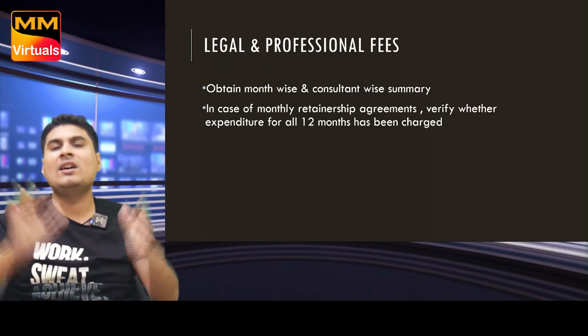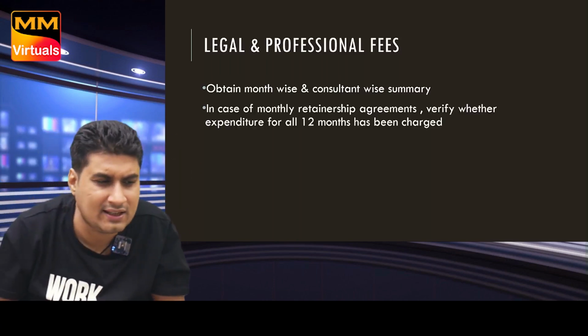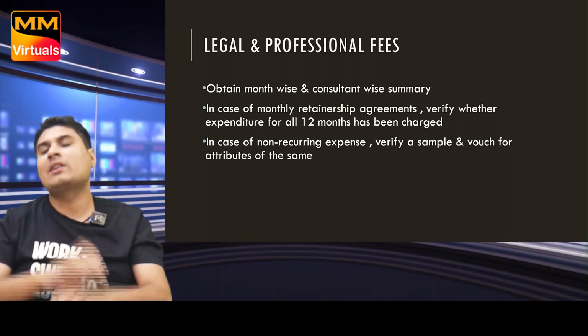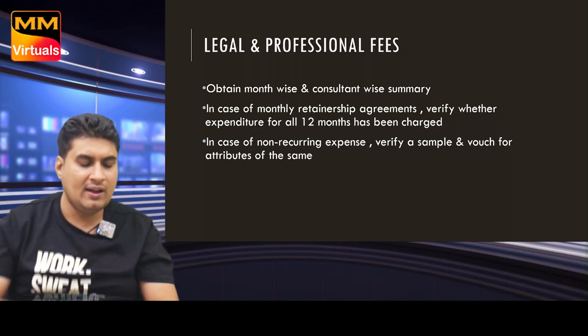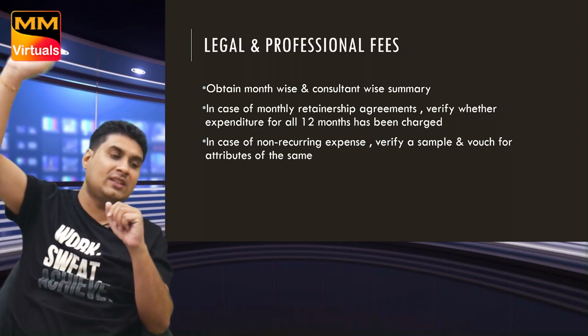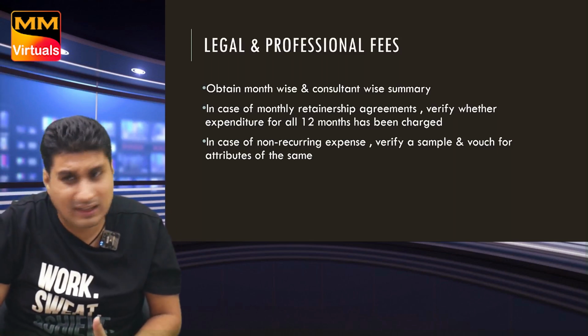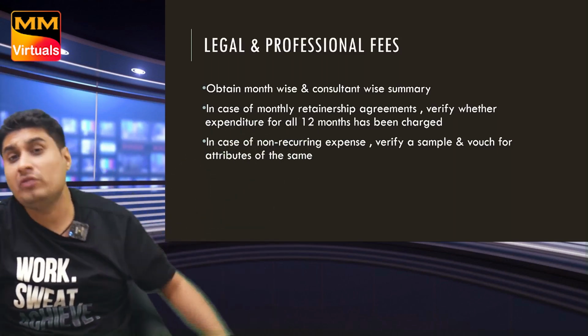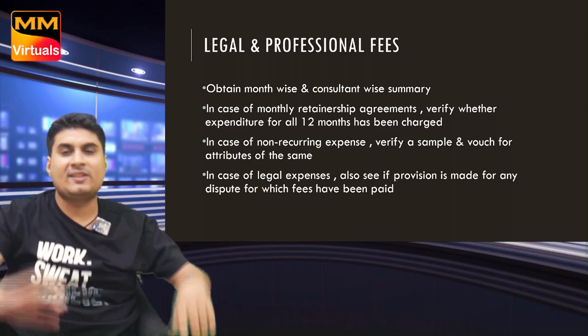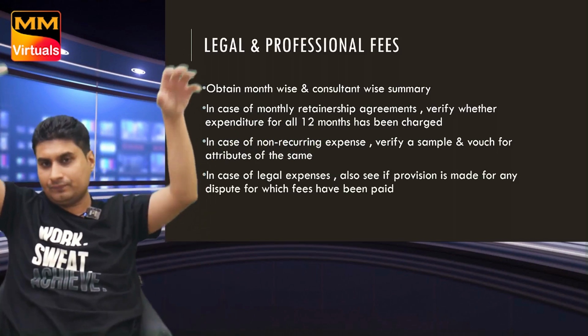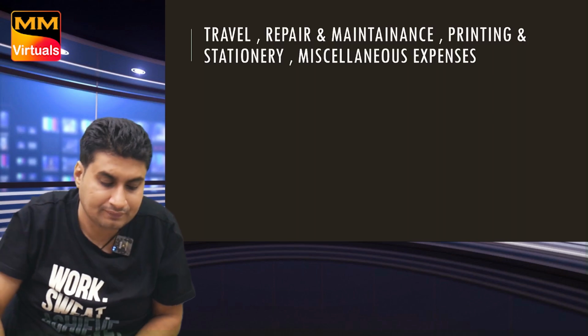In case of monthly agreement, see all 12 months' fees are paid. In case of non-recurring expense, verify a sample and vouch the attributes of the same. What is an attribute? A characteristic. If that is a case, why have we not booked the provision for that case? In case of legal expense, see provision is made for the dispute for which fees are paid.